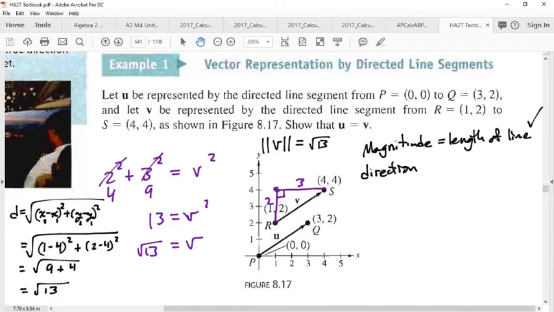Now the other thing we have to make sure of for vectors to be equivalent is the direction. Are they pointed in the same direction? How do we know for sure? A lot of you said slope, which is correct, but slope is not the only one. Okay, what is the slope? I'm just going to use m for now because that's a common variable for slope. What is the slope of vector V?